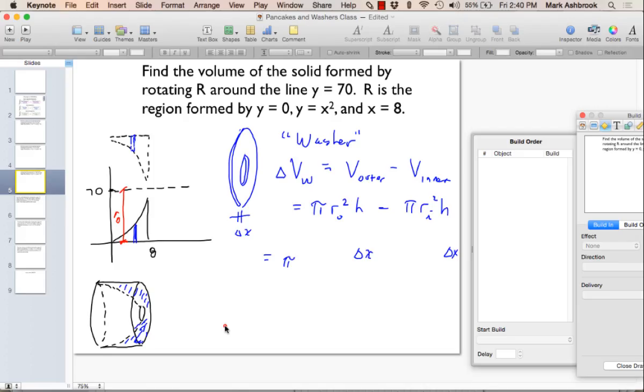It's simply a y coordinate, and we know what that y coordinate is for every single one. Doesn't matter which washer you're looking at, it's always going to be 70. So we can just do 70 squared. Yes, it is a y coordinate, but we know what it is. It's 70.